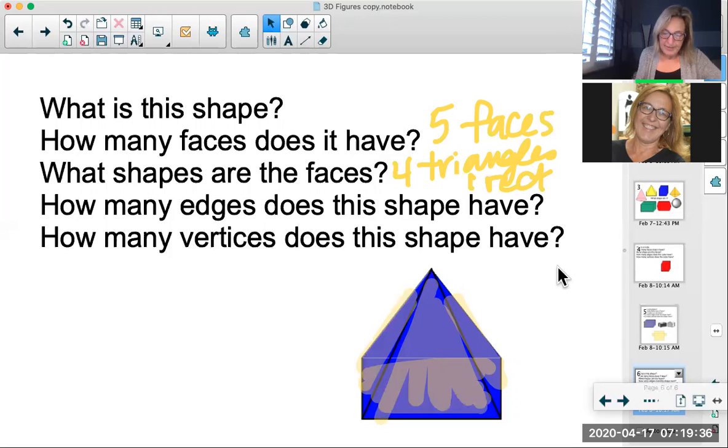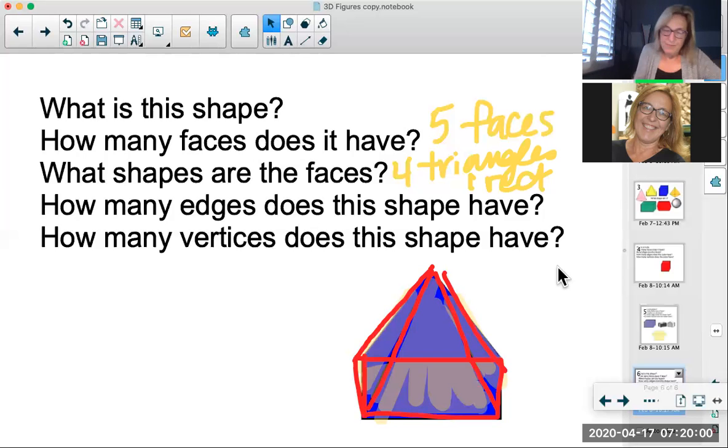All right, so now let's count the edges. I can see along the base there are 4 edges, right? And then from the base up to this point, on each of the triangles, there's an edge. So we had 4 along the bottom, and it looks like we have 4 on the triangles.